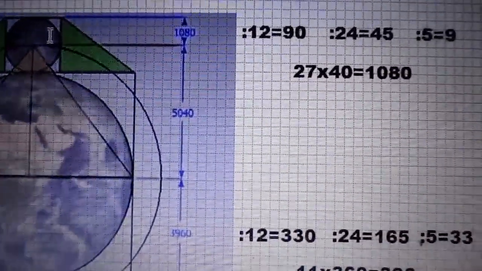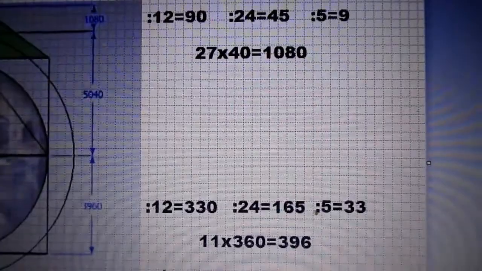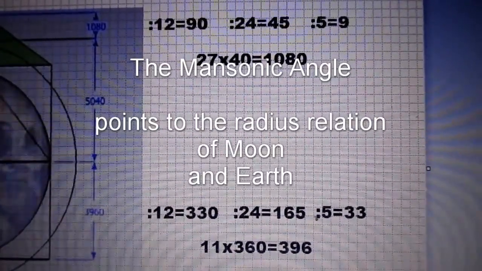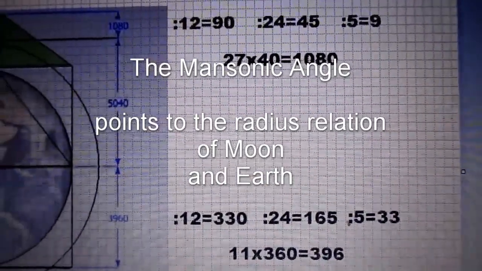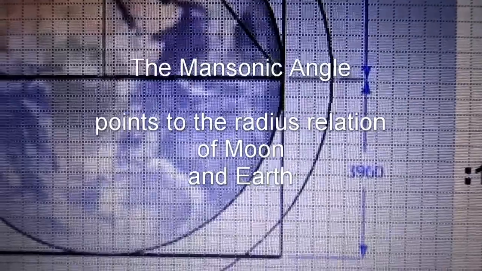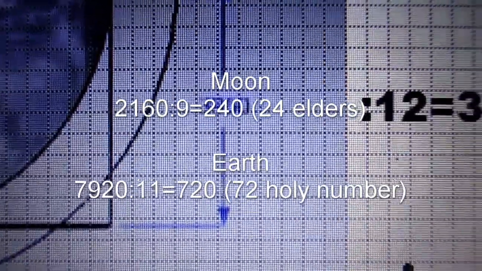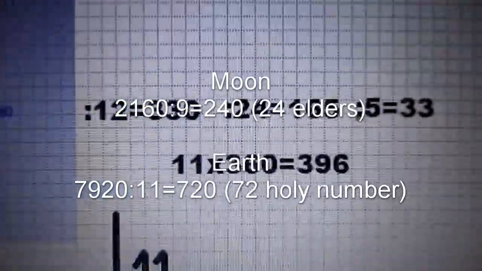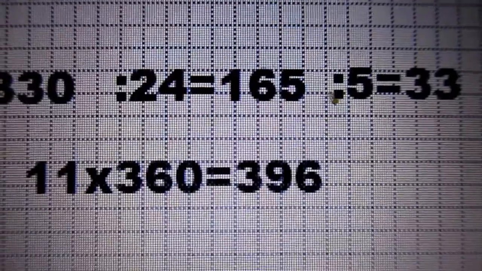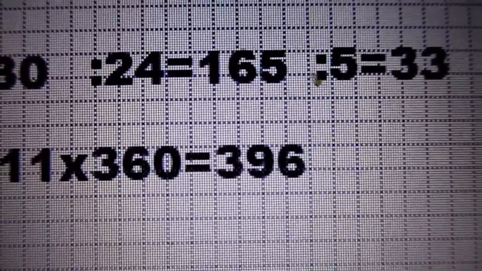And I actually tried to find out what the relationship is between those numbers. And I found out that the radius of the Moon here and the radius of the Earth, these 3,960, it's those magical numbers 3, 9 and 6 again.